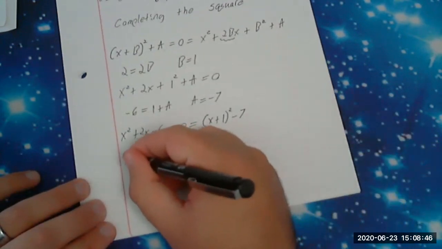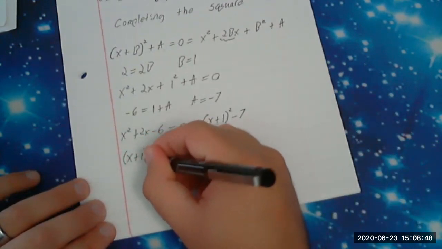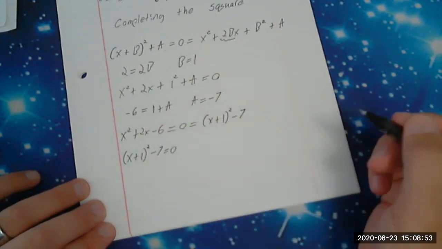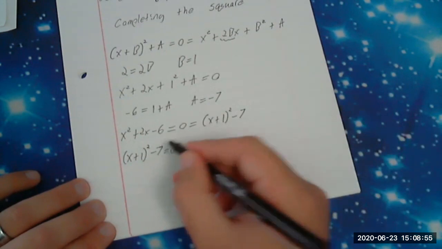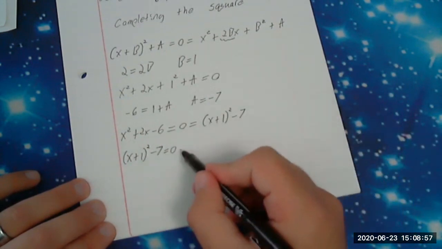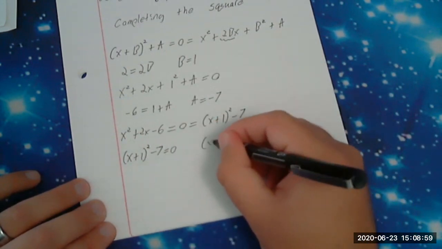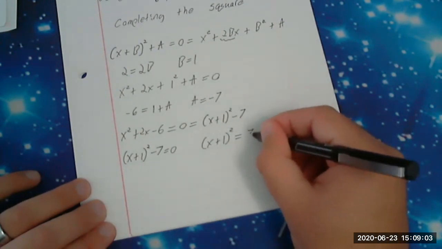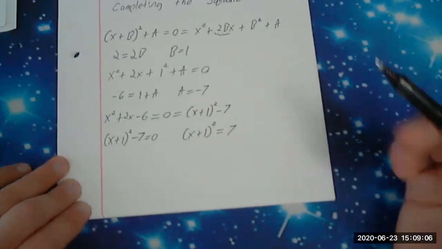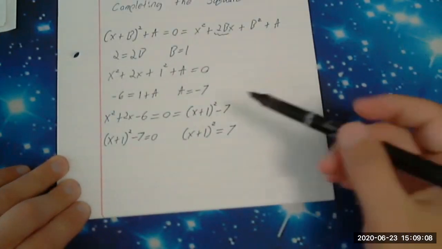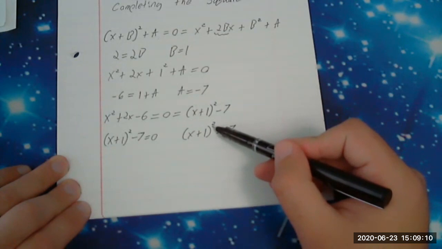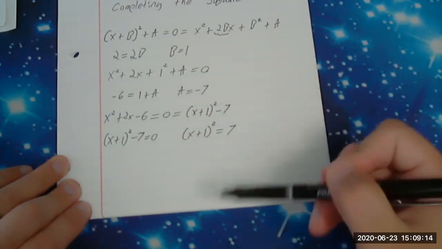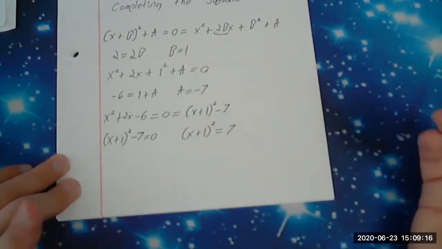So if you had x plus 1 squared minus 7 equals 0, you move the 7 over and you get x plus 1 squared equals 7. Now we can get this squared here to the other side. The way you do that is you square root.